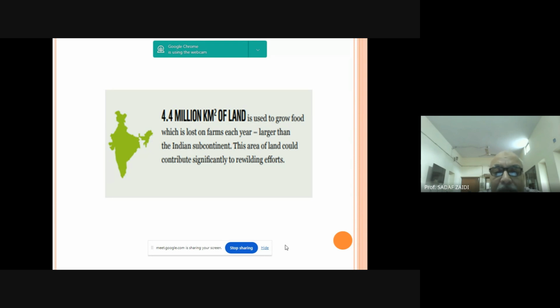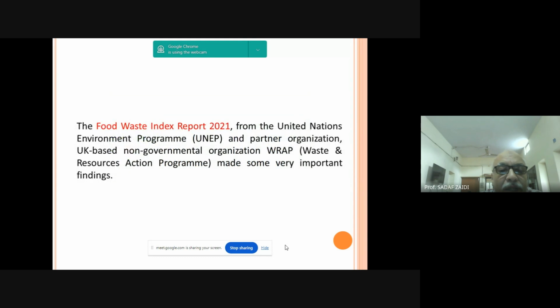Is this clear? Had this food been utilized properly, we could have utilized this area for rewilding efforts. So you can see the loss that we are having.